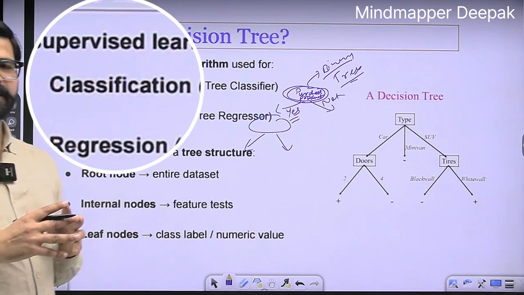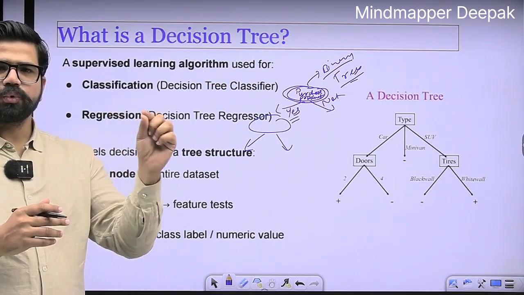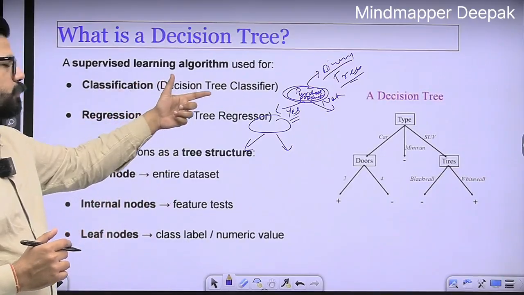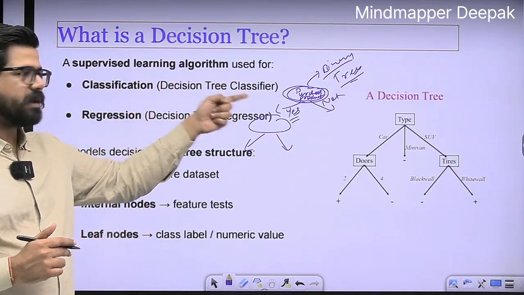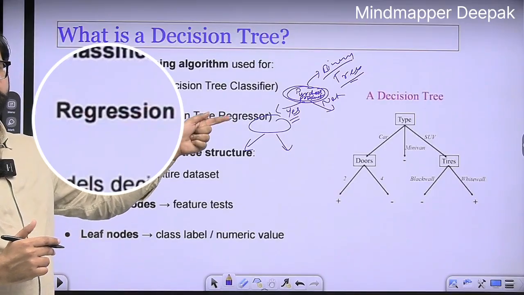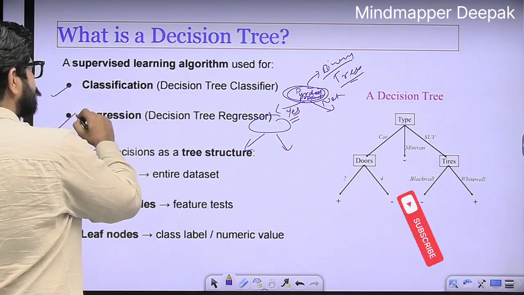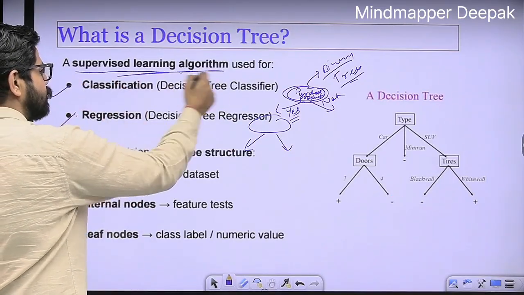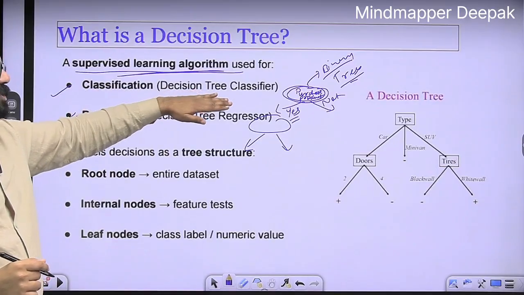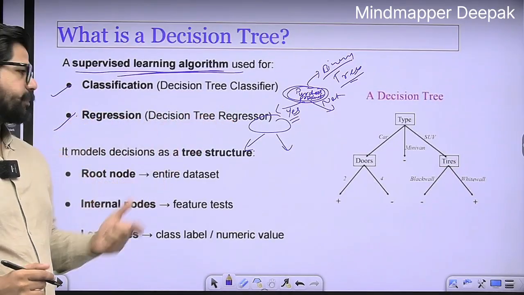For example, a complete data set has multiple data points and multiple classes, so to classify these classes you can use the decision tree. For that, the decision tree classifier is most commonly used. Then for regression, the decision tree regressor is mainly used. So the two major things where decision tree algorithms are most commonly used are classification, the decision tree classifier, and regression, the decision tree regressor.